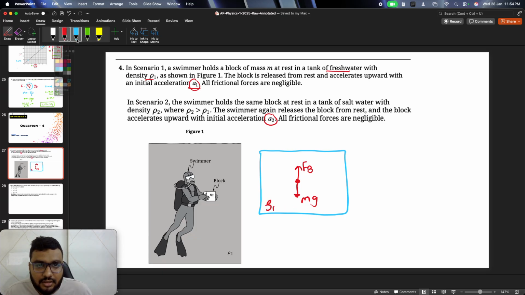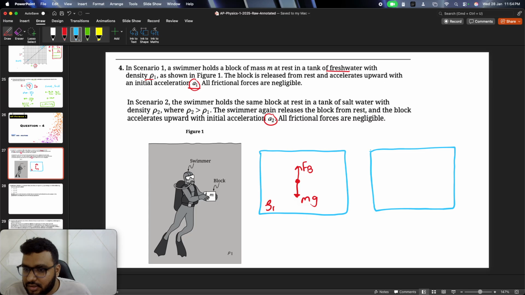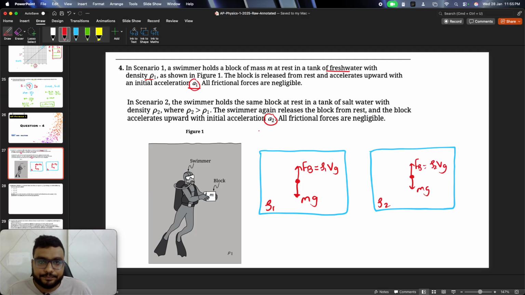A similar case I can draw for density ρ2. So the buoyant force is going to be ρ1 times the volume times gravity g. Now for density ρ2, I have the weight mg, and the buoyant force Fb is going to be ρ2 times Vg.